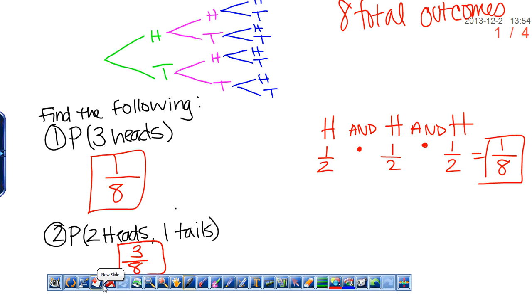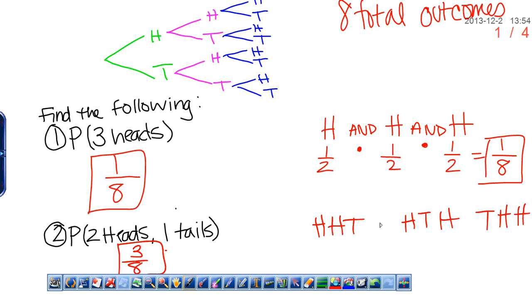All right, let's think about it using properties of probability. What are the options that we just listed out? Well, we could have heads, heads, tails. We could have heads, tails, heads. We could have tails, heads, heads. Now, do I want these all 3 to happen? I want 1.